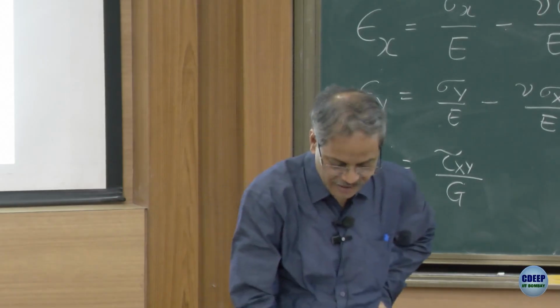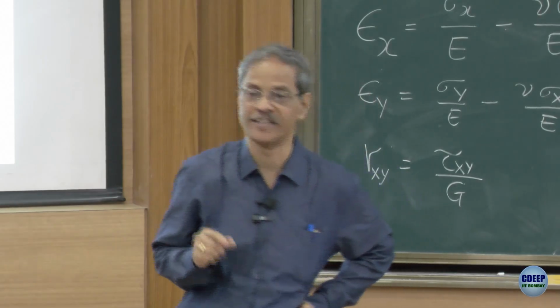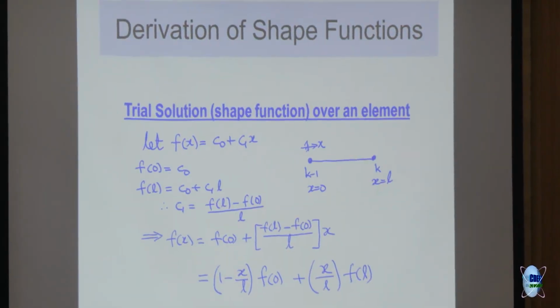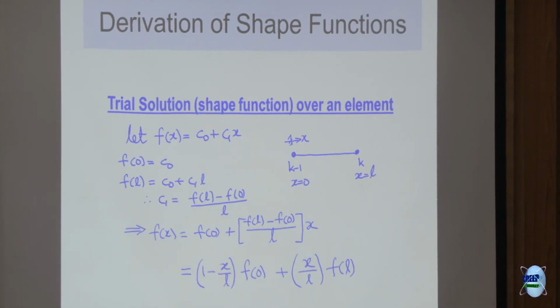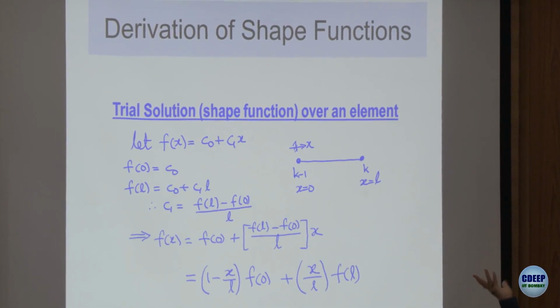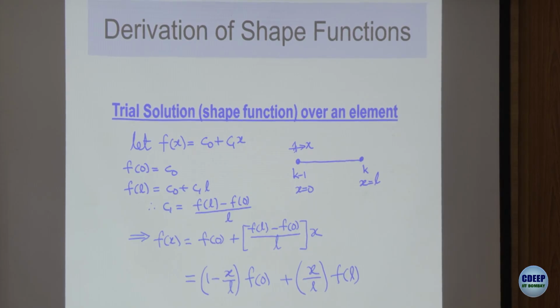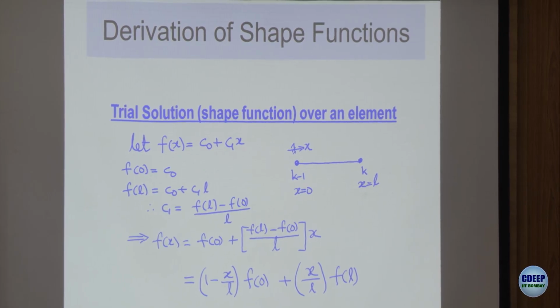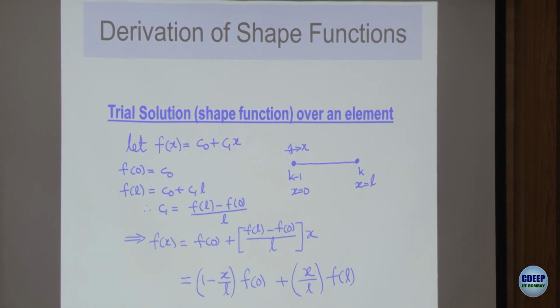Now, let us look at another challenge. It is about deriving the shape functions. How did we derive the shape functions in the case of a one-dimensional element? I assumed, for example, linear C0 plus C1x over that element in its own local coordinates. Two nodes, 1 and 2, or i and j, whatever. When local x is 0, it has to be F1.